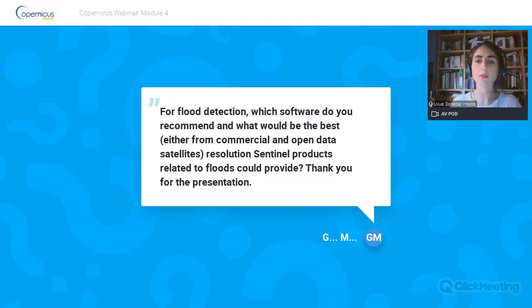Because we wanted to test the free software capabilities, but at the moment we are also using other software for SAR processing. For Sentinel products related to floods, the best resolution would be the spatial resolution of Sentinel-1 images, which is approximately 10 to 14 meters.